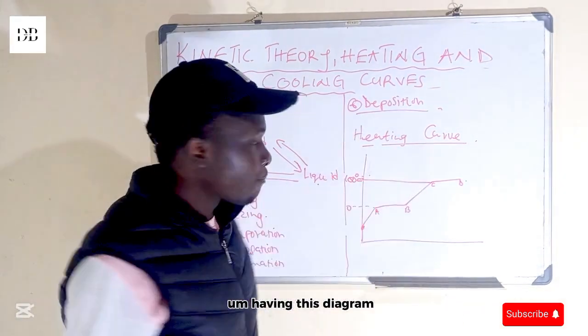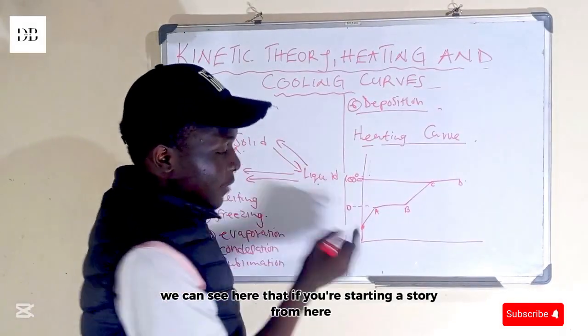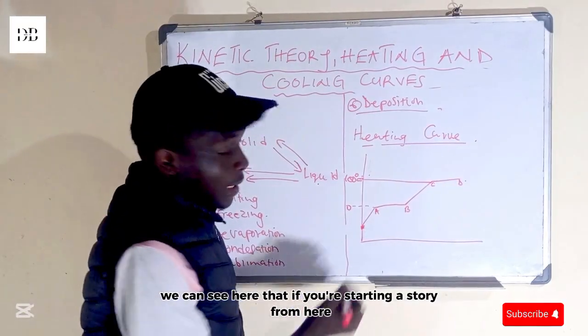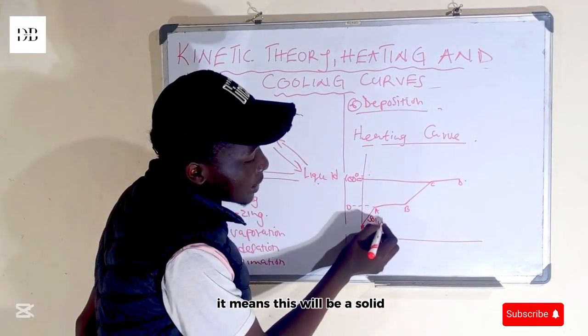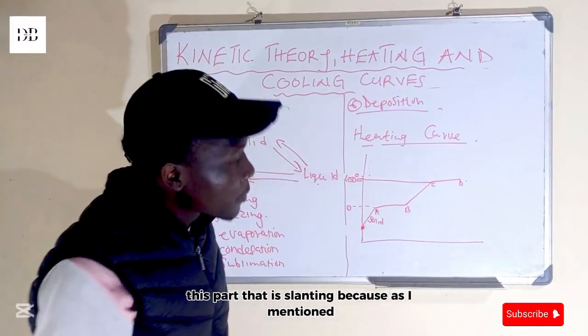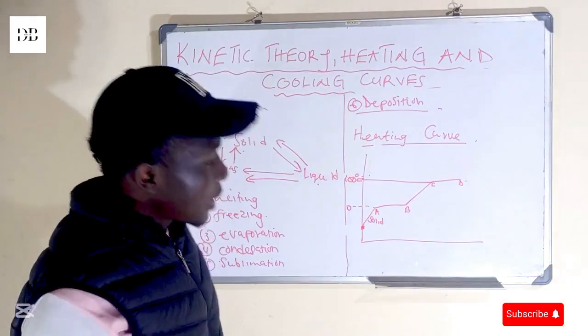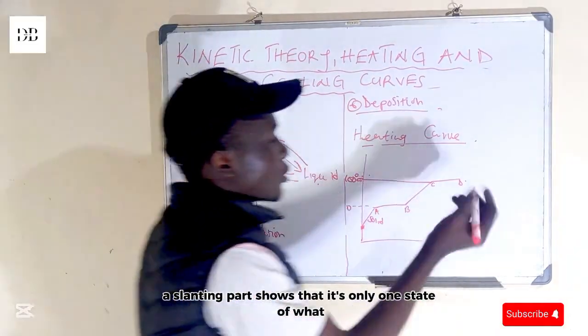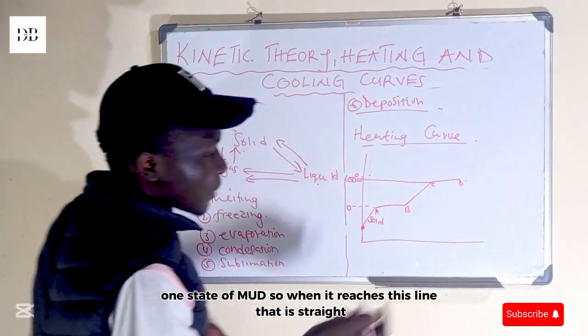Having this diagram, we can see that if you are starting as a solid from here, this slanting part will be a solid, because as I mentioned, a slanting part shows only one state of matter.